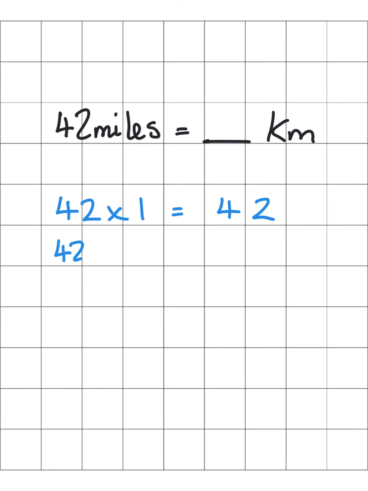And then 42 multiplied by 0.5, which is going to half 42. Half of 42 is 21. And then 42 multiplied by 0.1. So in other words, divide that by 10 is 4.2. So the 4 goes in the units column, same as above. And there you go, 4.2.